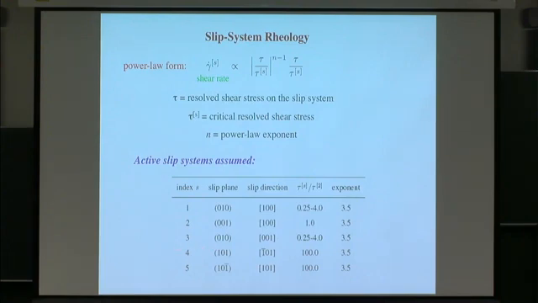You'll wonder, what about these things down here with the very strong slip systems, 100 typically. This is a trick to get convergence. If you put only the first 3 slip systems in your model, the numerical code doesn't converge. You need at least 4. And so these are slip systems which are very hard. They have a large critical resolved shear stress.